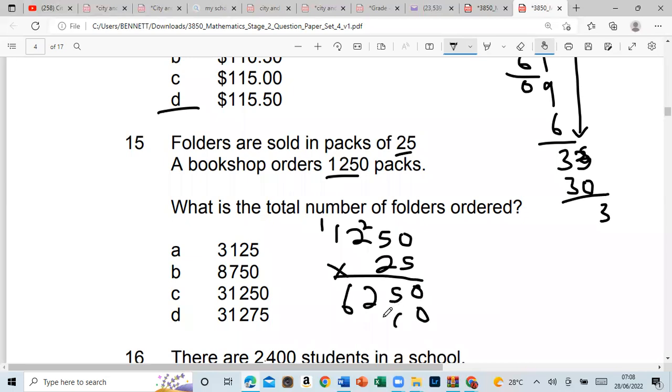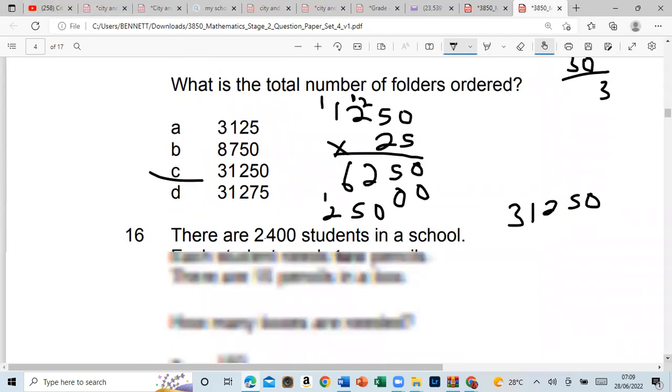Put a 0, then 2 times 0, 2 times 5 is 10, carry 1, 2 times 2 is 4 and 1 is 5, 2 times 1 is 2. It's correct. Add it up: 31,250. Remember, guys, you are supposed to multiply for yourself, right?